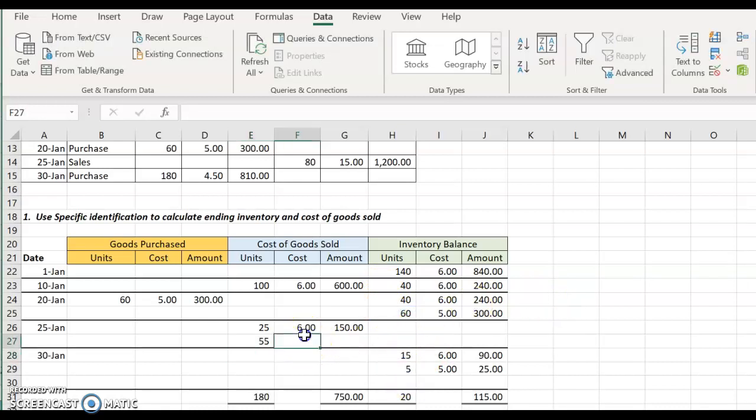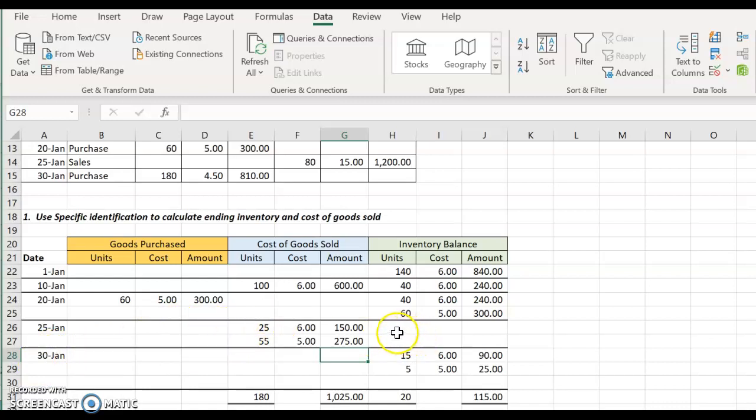I've sold 55 at $5. And that should equal my 80 units sold. I don't have to worry about that January 30th level yet because I'm selling before that time period, so I don't have those yet, right?